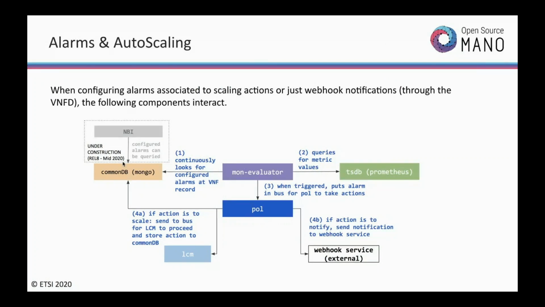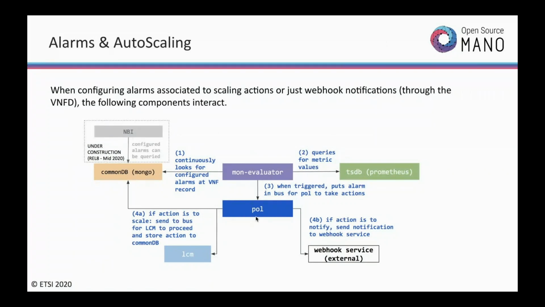And if it finds alarms in CommonDB, then it queries the metric values actively, continuously, goes to Prometheus and looks for the metrics that are associated to each alarm. And if the threshold is crossed, then it depends.